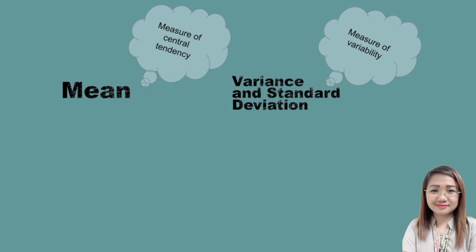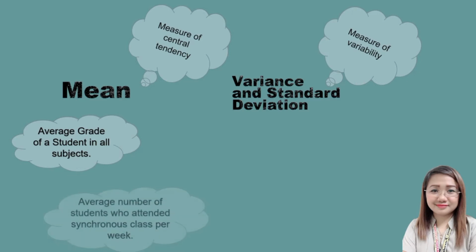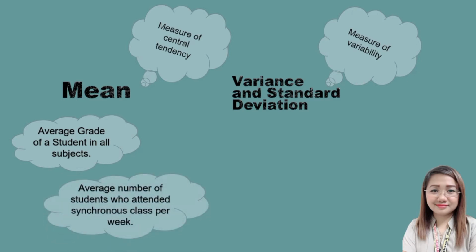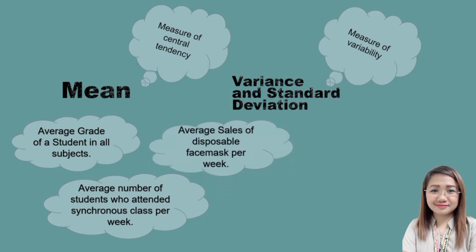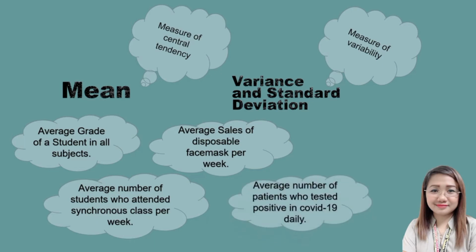Here are some situations where mean, variance, and standard deviation were used. Average grade of students in all subjects. We have average number of students who attended synchronous class per week. We also have average sales of disposable face masks per week. Average number of patients who tested positive in COVID-19 daily.